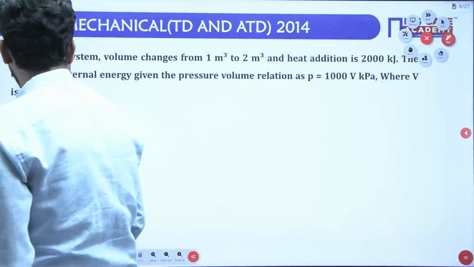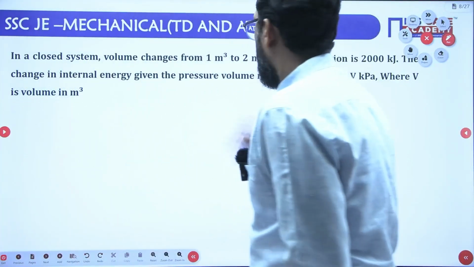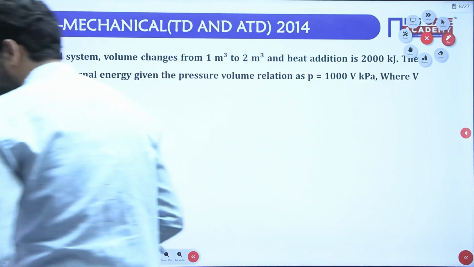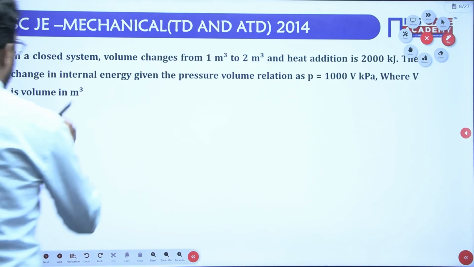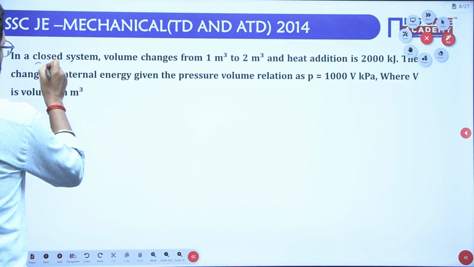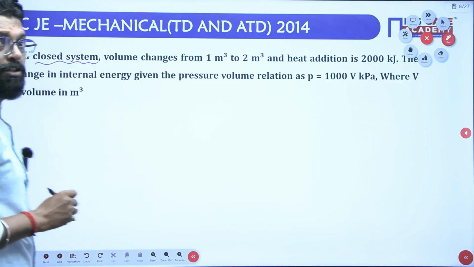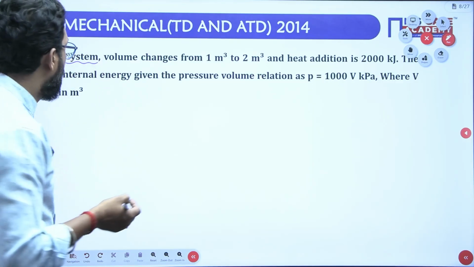Now next question. This is 2014. A closed system. So precisely the system is closed. So what is the closed system? No mass interaction.